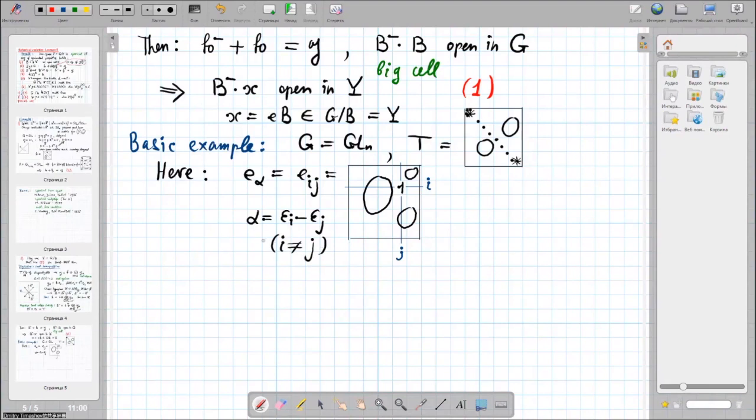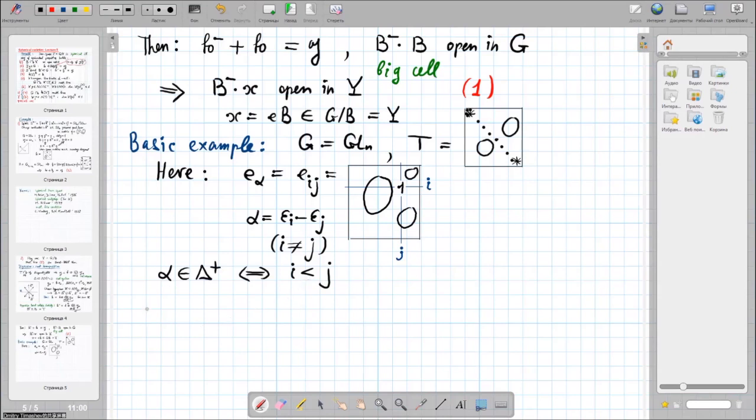The set of positive roots: alpha is a positive root, in delta plus, if and only if i is less than j. So this hyperplane H can be chosen in such a way that the set of positive roots is given by this inequality.